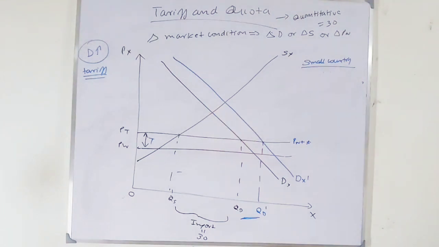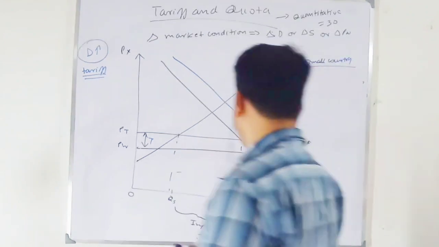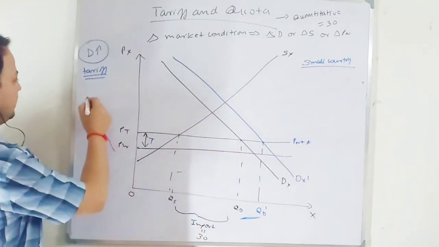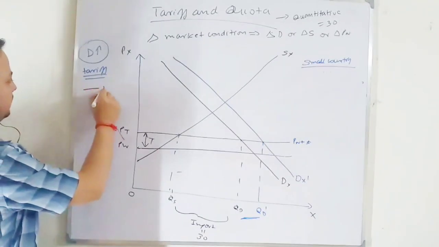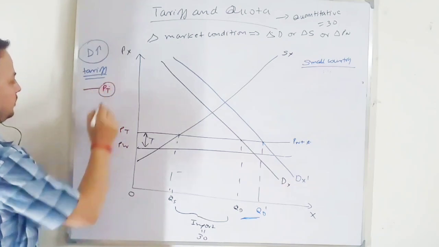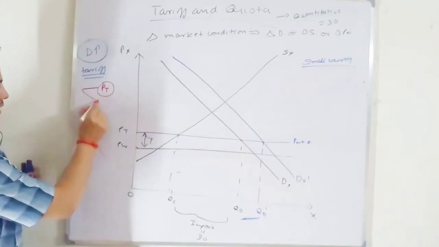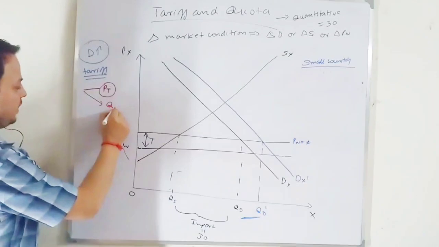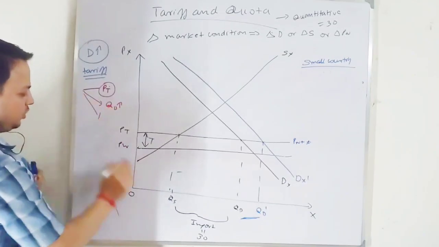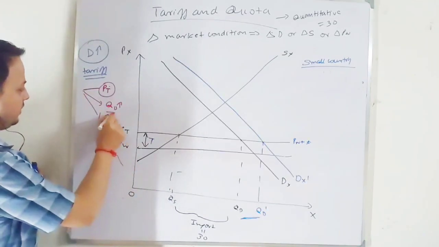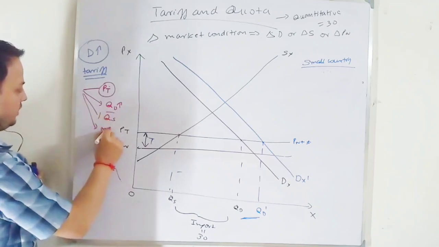Okay. In case of tariff, when demand increases, what is happening? Price is not changing. The second thing that happens is that quantity demanded increases, domestic quantity supplied does not increase, and your import is increasing.